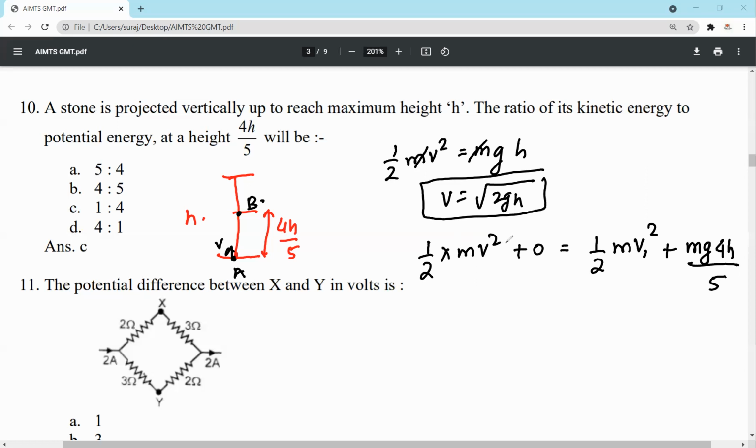Since half m v square is mgh, here we can write mgh.